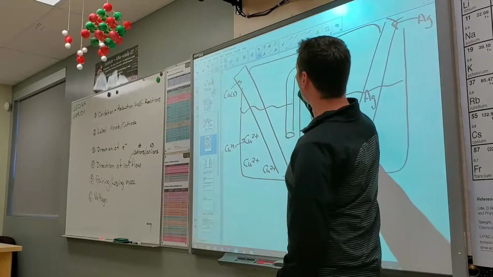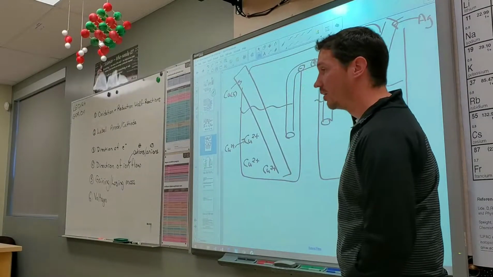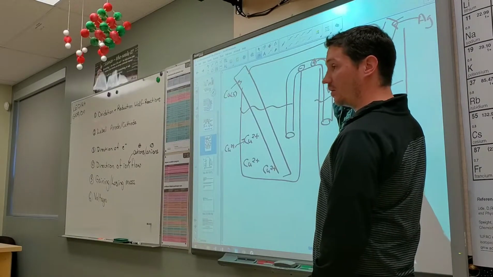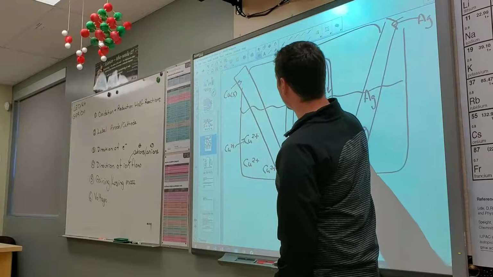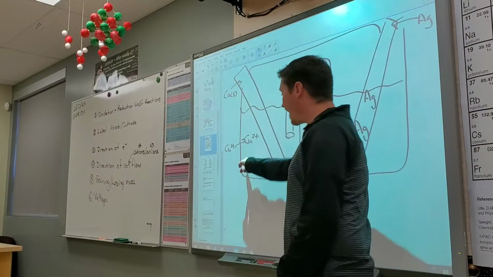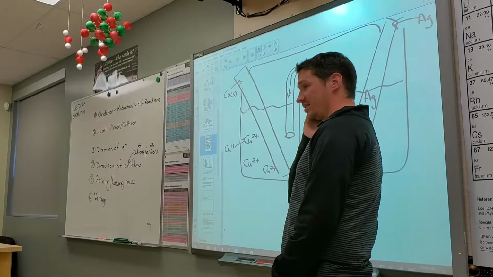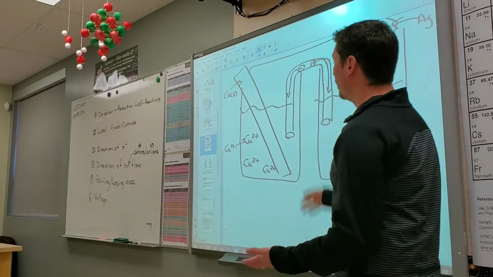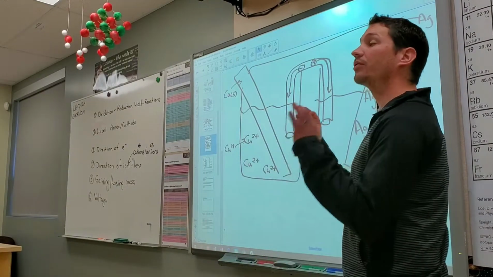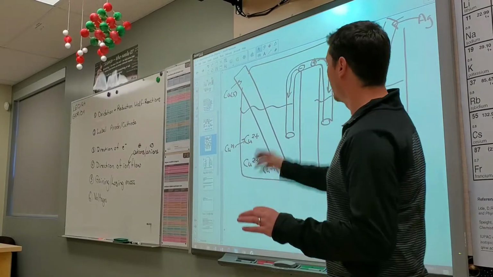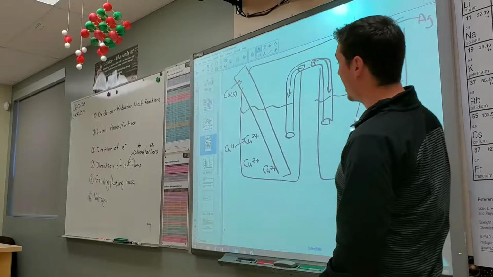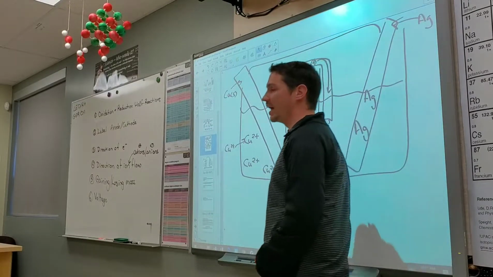Where are the negative ions going to go? They're inside the salt bridge, right? Where are they going to go? They're going to be attracted to the excess positive charge. Does that make sense? This is the reason why the positive ions travel through the salt bridge towards the cathode. So the cations head towards the cathode, the anions head towards the anode.